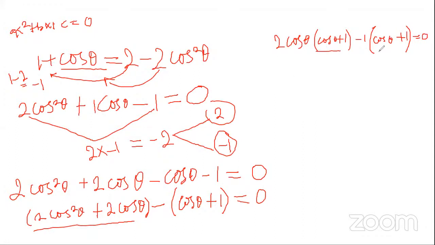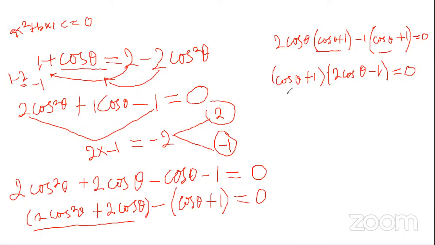Then this one is also now common, so we shall write it as cos theta plus 1, then into 2 cos theta minus 1, and we equate this to 0.